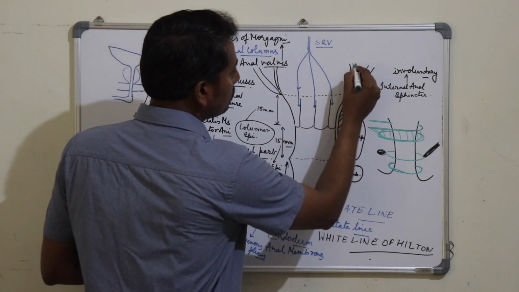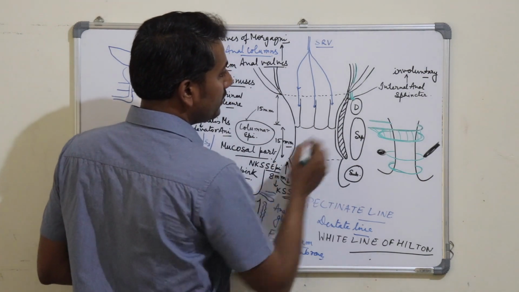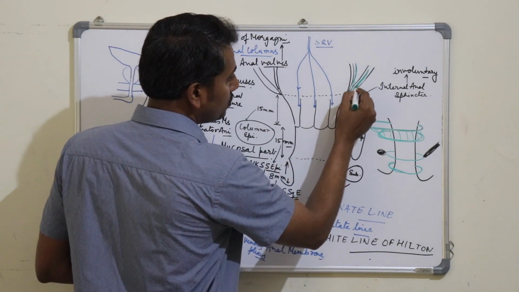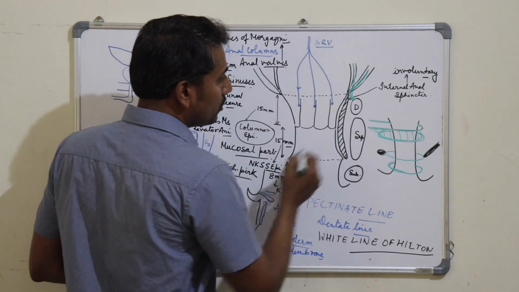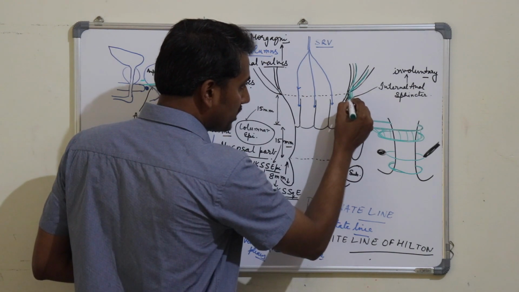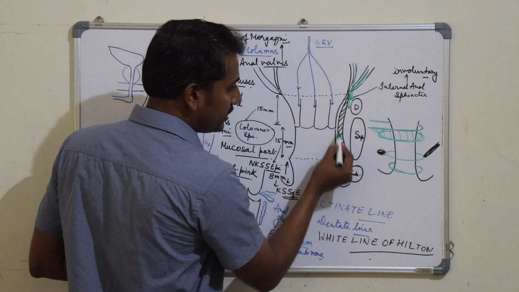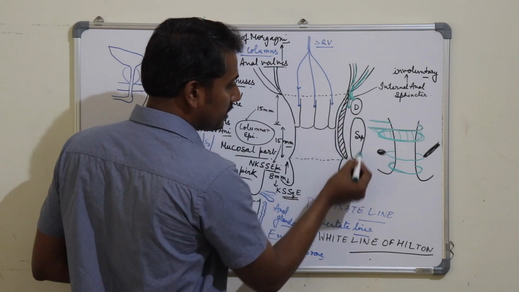The longitudinal muscle coat of the rectum and the fibers of the puborectalis muscle join together at this anorectal junction to form a fibroelastic membrane or septa, which runs between the internal anal sphincter and the external anal sphincter.